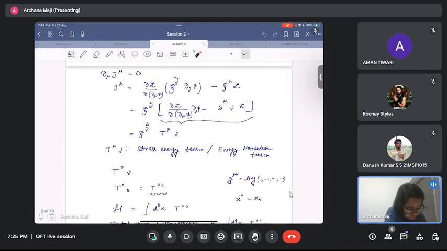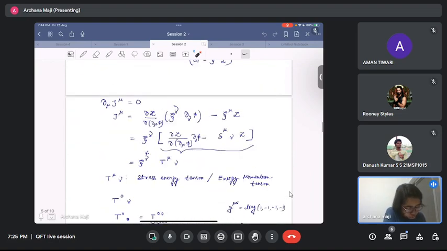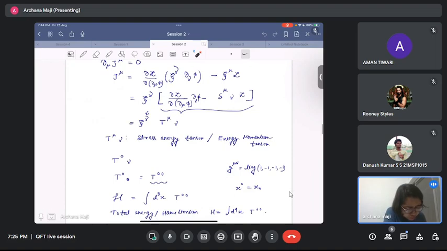Now see here, again you have 2 indices. One is mu, and another is nu, which is contracted with xi nu. This nu is encoding the direction along which you are performing the translation. So when nu equal to 0, it means you are performing time translation.